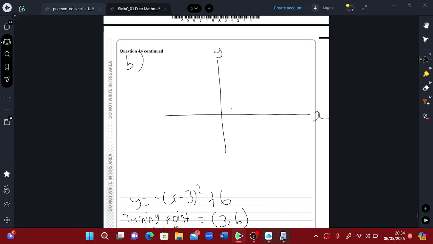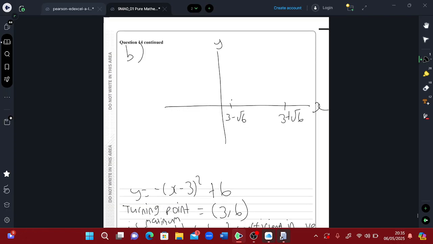So let's say this is, what's the root exactly? 3 minus root 6. And then this will be 3 plus root 6. So that's 0.55, and this one is 5.449 or something.